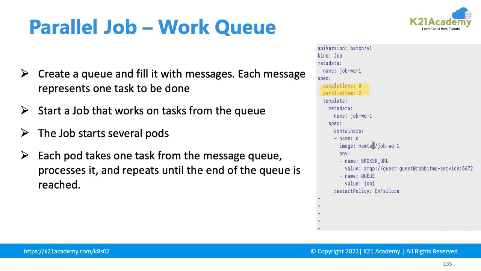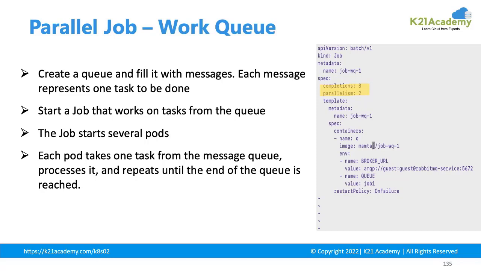Each message here would be representing a single task which needs to be done. We will start a job, it will pick up one of the tasks from the queue and it will execute. But here, if you see, 2 parameters are highlighted. Parallelism is one. At the same point in time, the job is initiating 2 different pods.